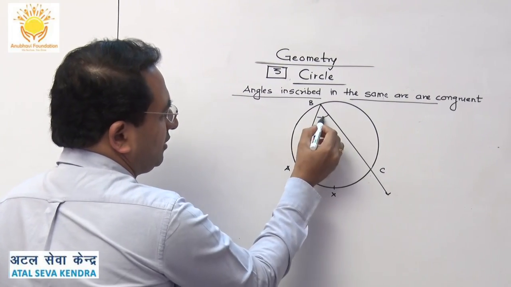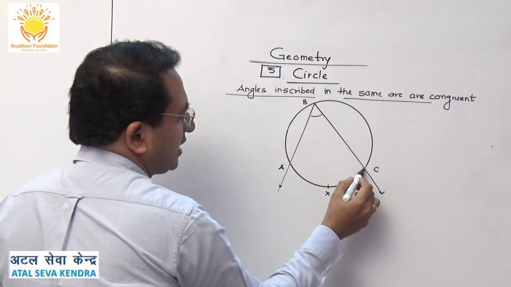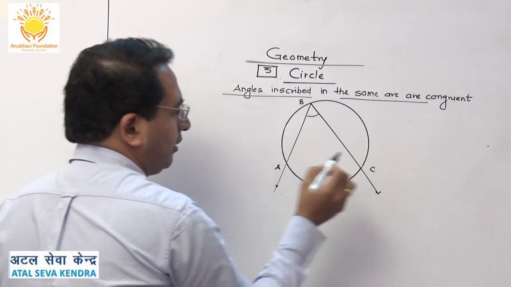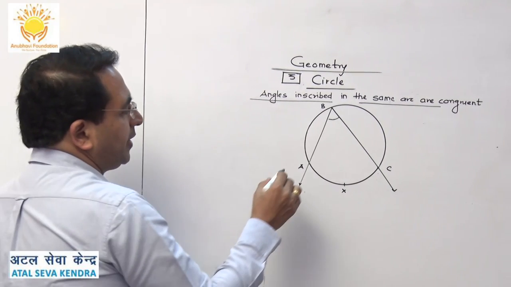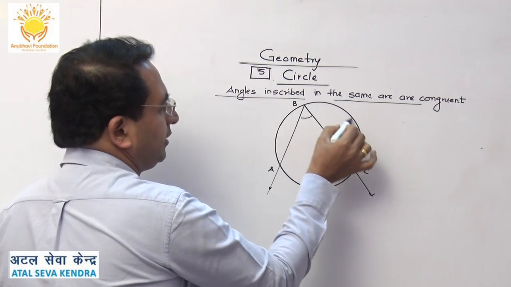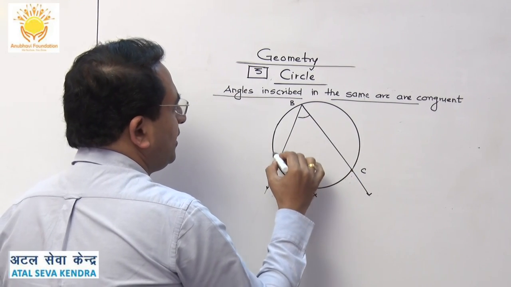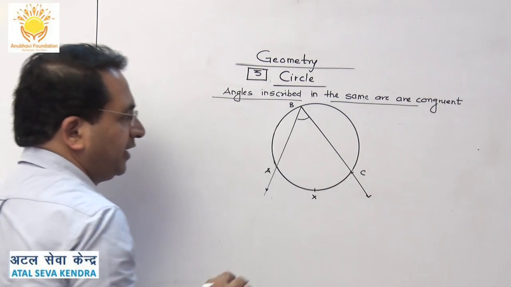So when you see the figure like this, ABC is an inscribed angle and it is going to have this as the intercepted arc. So what is the inscribed arc? The inscribed arc is ABC only. Angle ABC is inscribed in arc ABC and it intercepts arc AXC. That is the meaning of that.